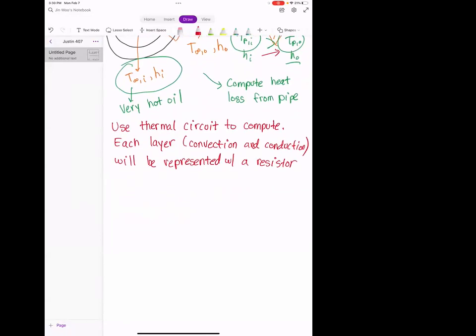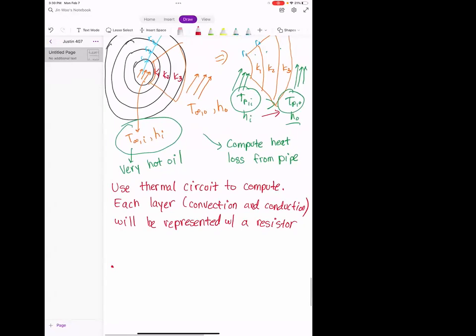All right, and so let's go ahead and write out the thermal circuit for this. Okay. And so you can see here we're going to have 5 resistors, right? We're going to have one resistor for the inner convection, one resistor for the outer convection, and then 3 insulation layers. And so that's 3 more resistances. Okay. And so we're going to have T infinity I on one end of the circuit.